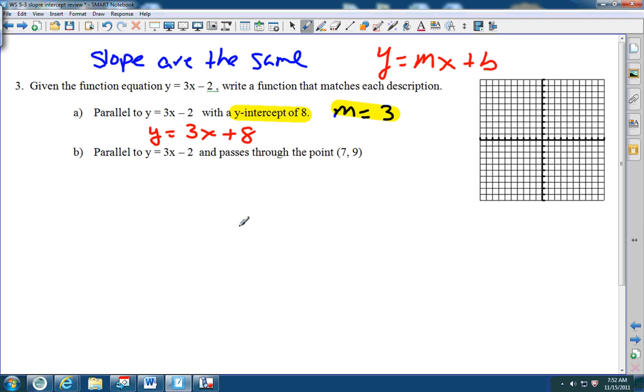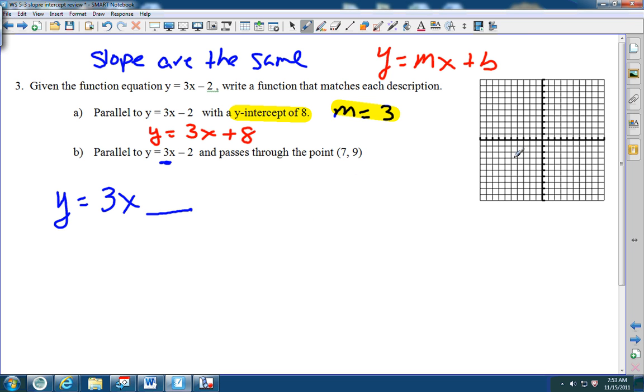Now on the next one, it says parallel to y equals 3x minus 2 and passes through the point 7, 9. First off, if it's parallel, I know that my equation is going to start out y equals 3x. What I don't know is the y-intercept. Now you can find this y-intercept by doing it 2 different ways.